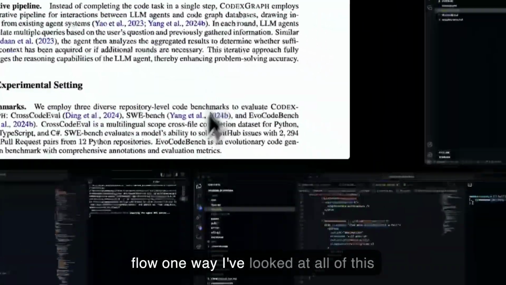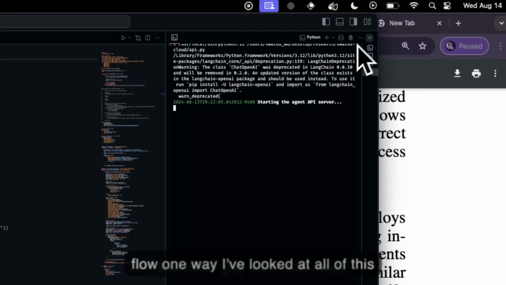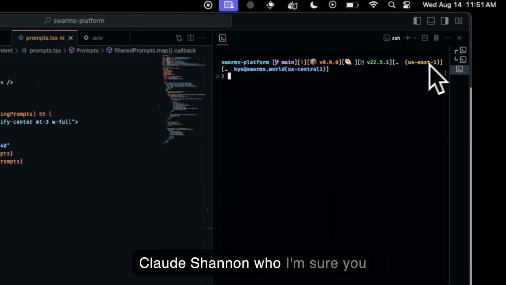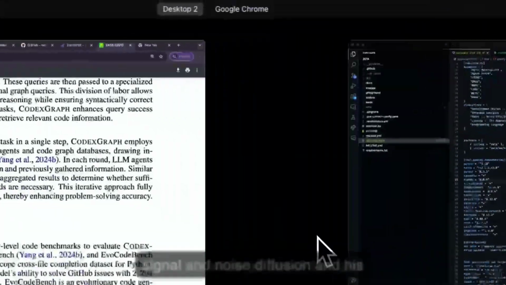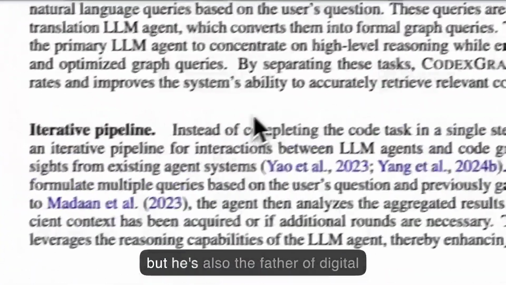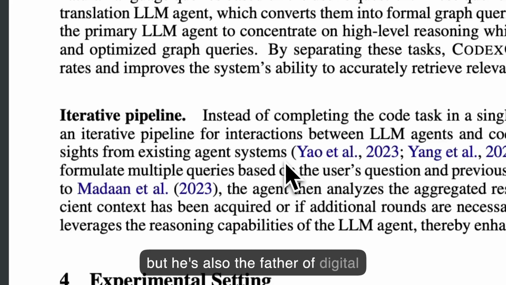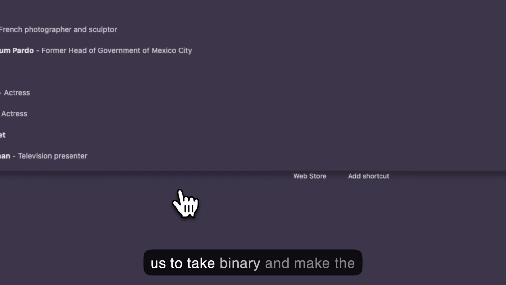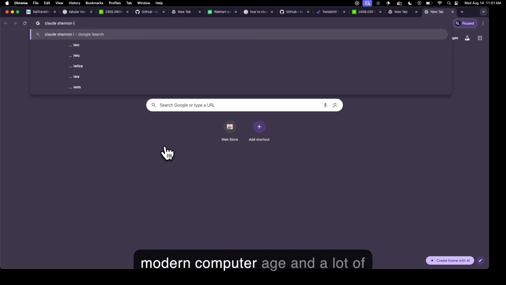One way I've looked at all of this, because the other guy who was really important in that time period was Claude Shannon, who I'm sure you obviously know all about, with signal and noise diffusion and his work on language and Markov chains. But he's also the father of digital information theory, which is what allowed us to take binary and make the modern computer age.